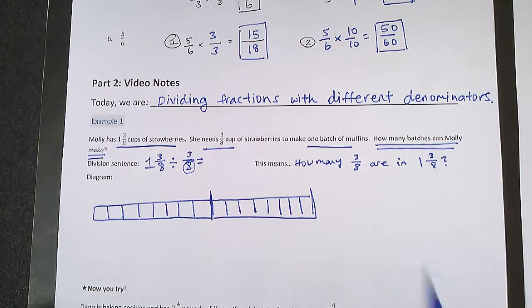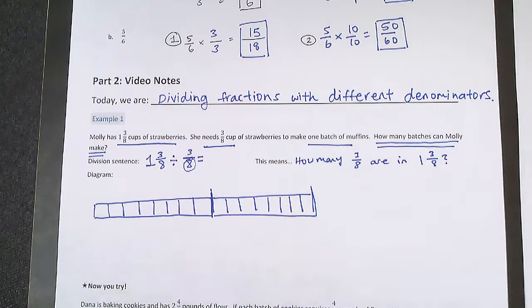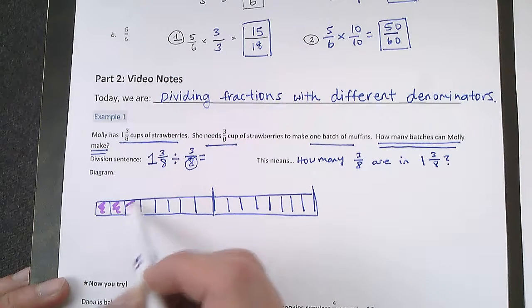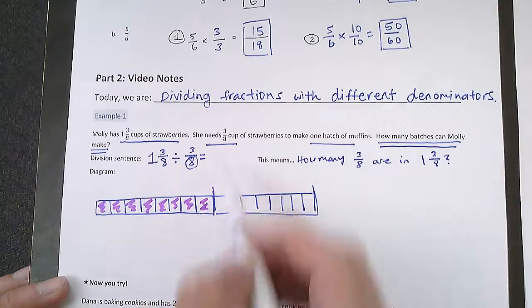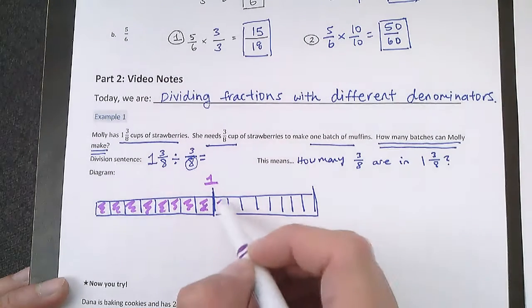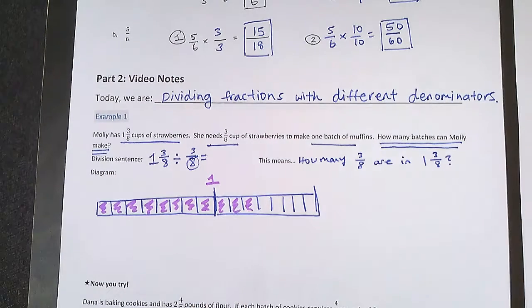And among these 8ths, we want 3/8. Oh, actually, no, sorry. First, let's shade in how much we have. So 1 whole, that's all of this here. That's 1, and then 3/8: 1/8, 2/8, 3/8.